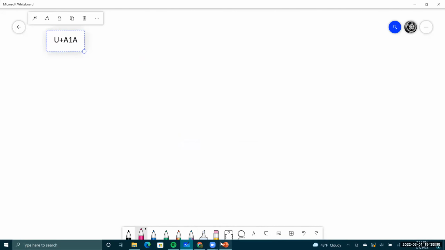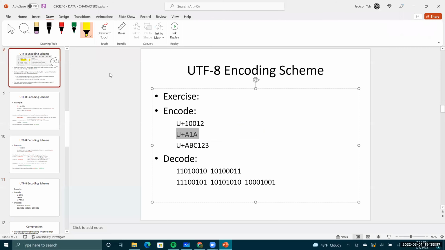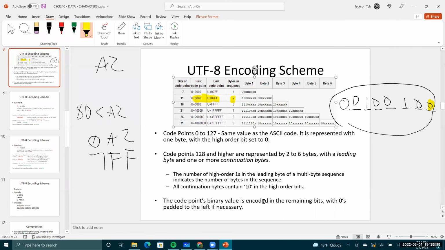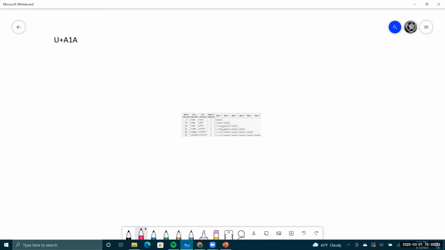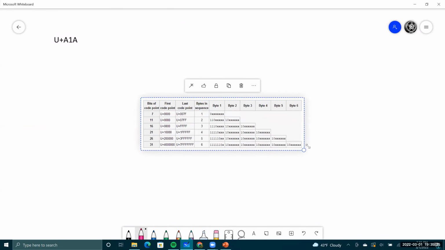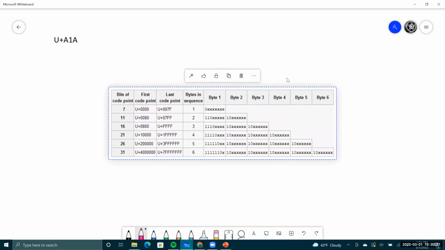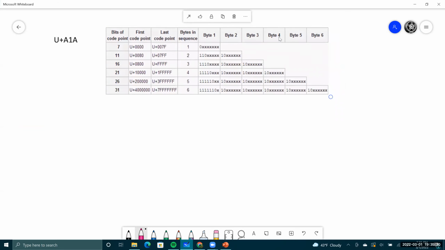I'm going to copy the chart over again. All right, so have at it. I'll give you a few minutes to do this. Again, figure out how many bytes there are, then write out the pattern for the bytes, and then fill it in.